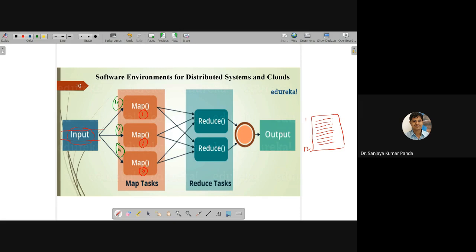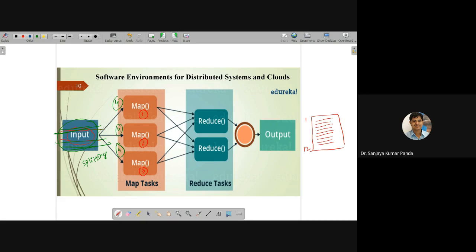This division of the input data into different parts is called splitting. First the input is given, and you have to divide it into small chunks. Not necessarily 3 map functions; you can take as many map functions as possible. So the process of dividing the input is called splitting.